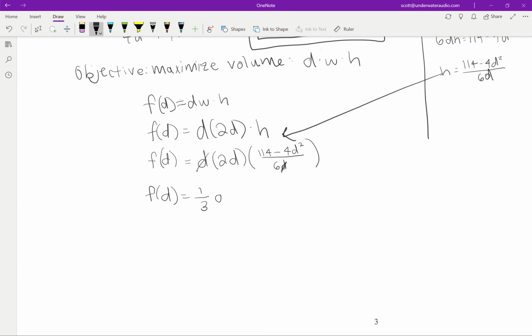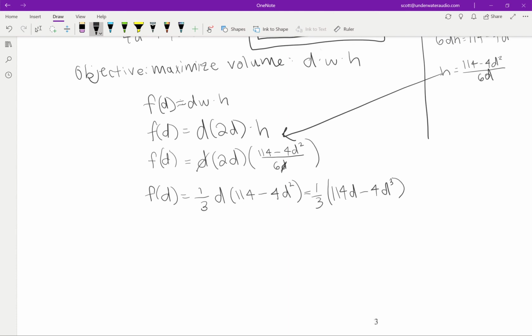So I get 1/3 d times 114 minus 4d squared. I could even multiply that out farther: 1/3 times 114d minus 4d cubed.